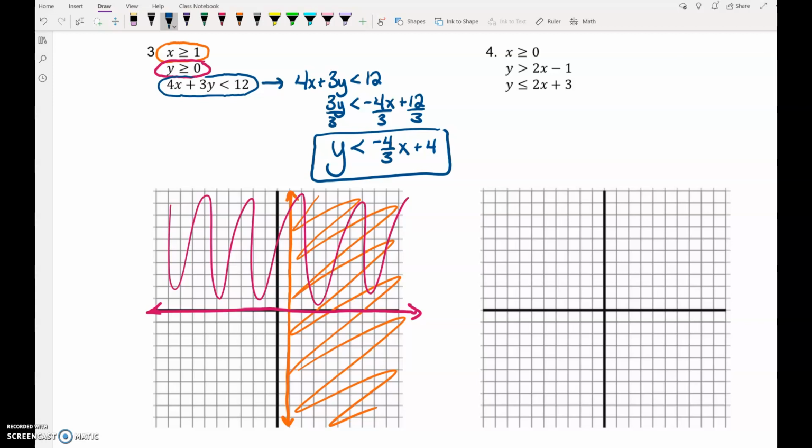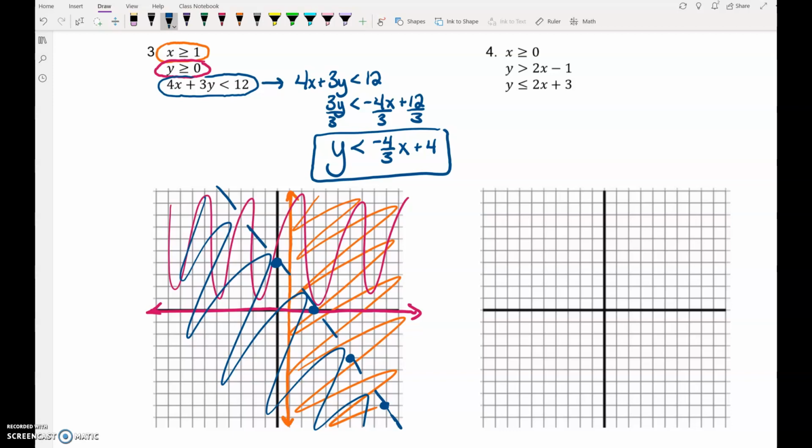I'm starting at 4 on the y-axis, and then a slope of negative 4 over 3, right 3, down 4, right 3. This one needs to be a dashed line, which some of you maybe got into a rush, so you need to take your pencils and erase little chunks of the line. I've definitely had to do that before. And this one is shaded down.